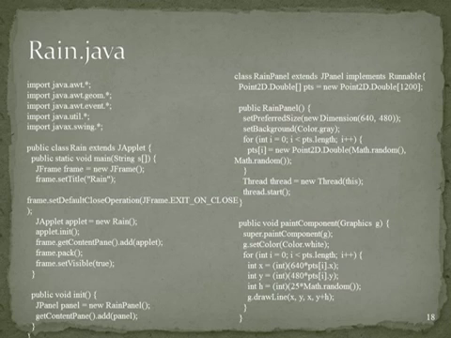Here is a simple example of simulated rain. Numerous vertical line segments are moving downward. The location and the length of the segments are random. The sample run of the program output is shown. The class RainPanel extends JPanel and implements the Runnable interface.